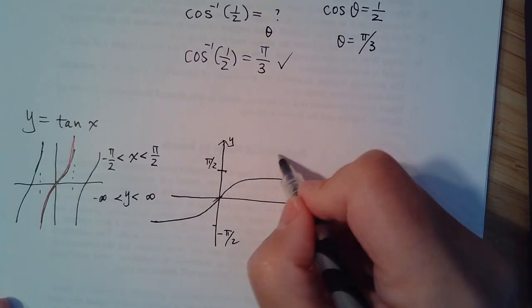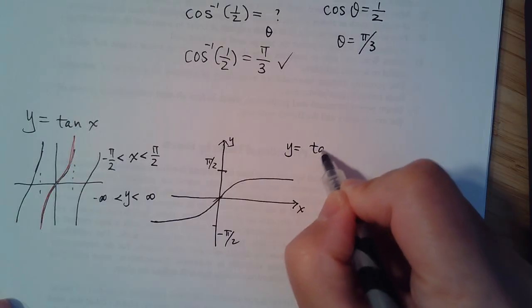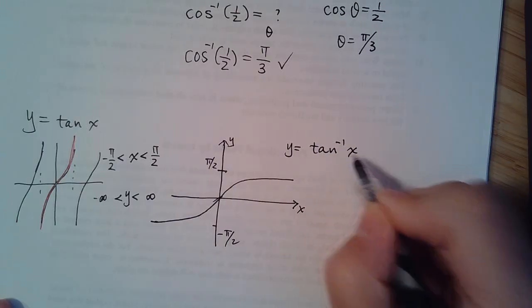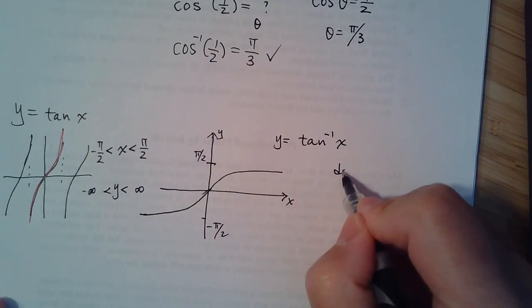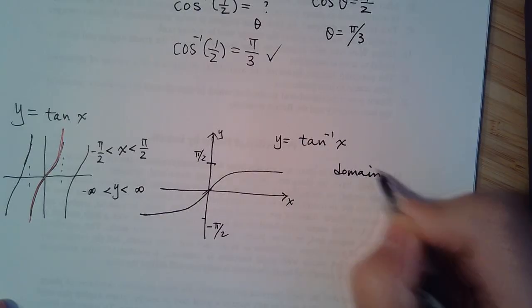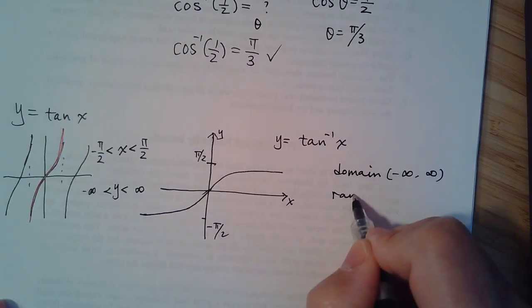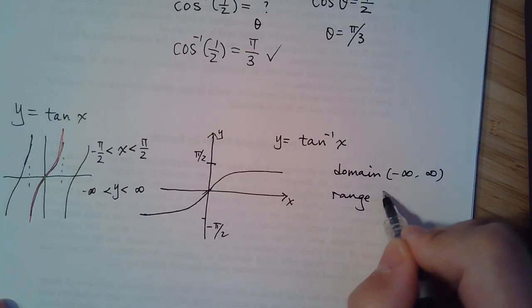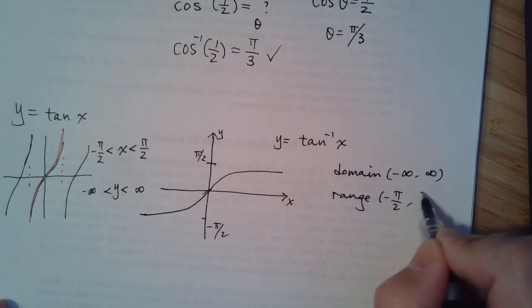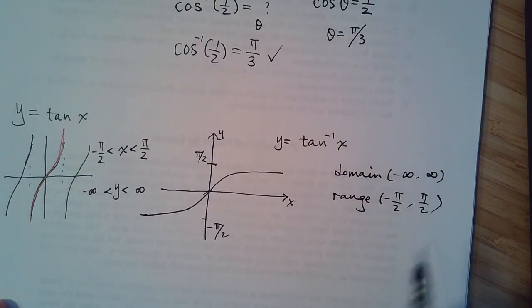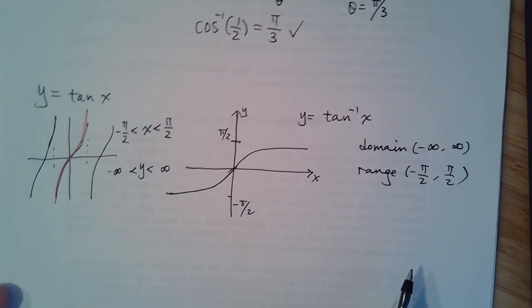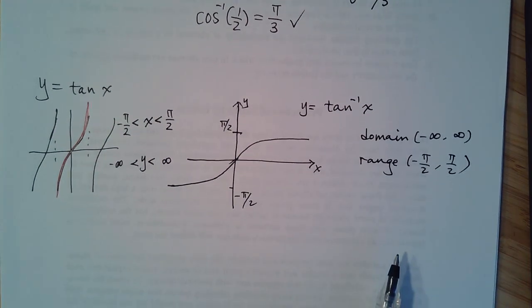Okay, so this is y equals tangent inverse x. And the domain is from negative infinity to positive infinity, and the range is from negative pi over 2 to positive pi over 2. It has to be parentheses, it cannot be brackets.